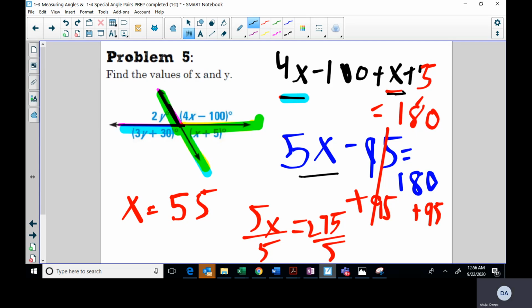Negative 100 plus 5 will give me negative 95 is equal to 180. Add 95 on both the sides. 180 plus 95 is equal to 275. And then you can solve for x.